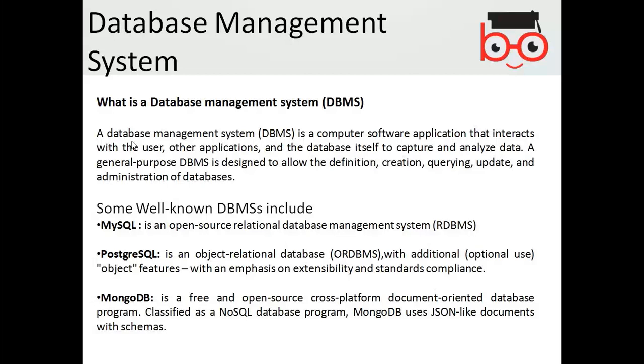A general purpose database management system is designed to allow the definition, creation, querying, update, and administration of the data. So keep in mind that a database is a collection, and a database management system is computer software that is used to create, query, update, moderate, and manage the databases.